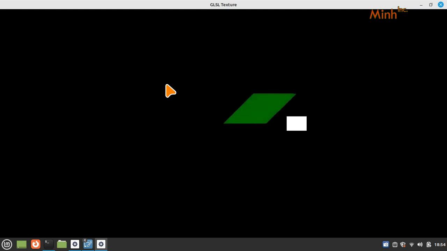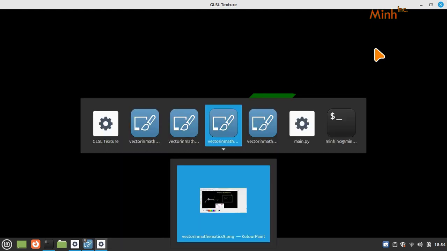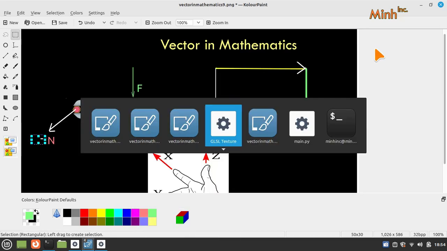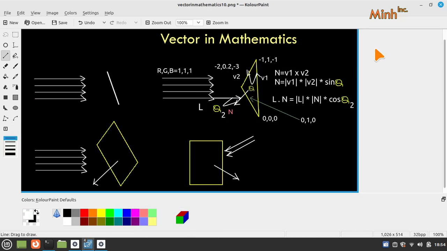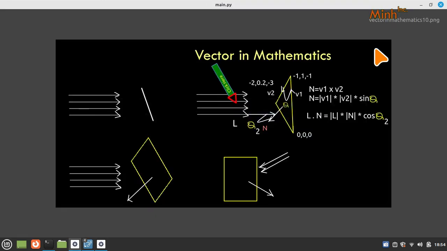Now the normal and light direction are along each other, so this much light we are getting. So first thing is how much light we get. That is the calculation we are doing repeatedly.